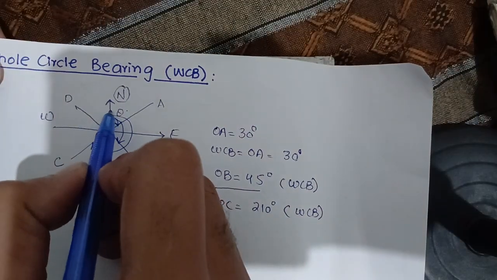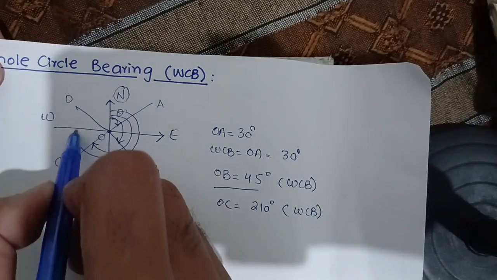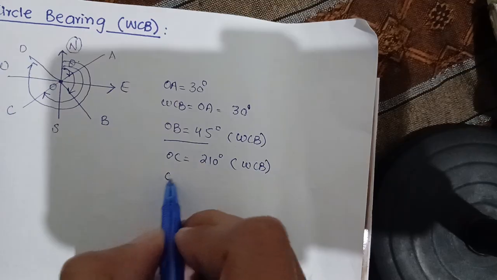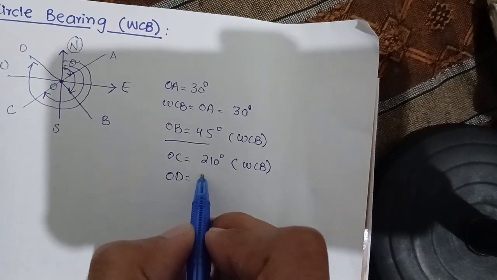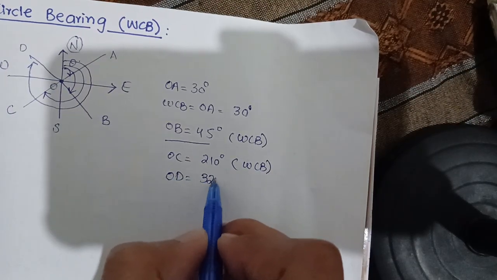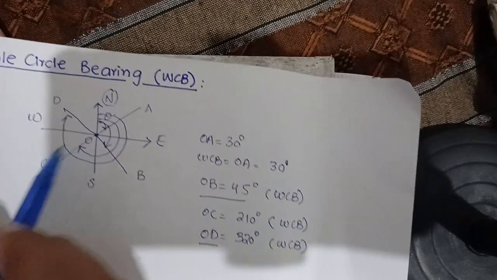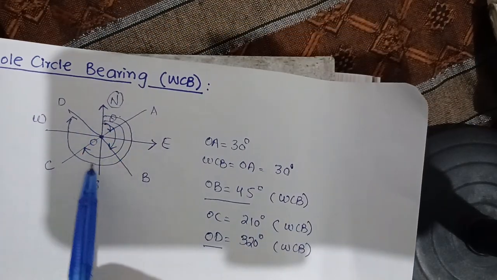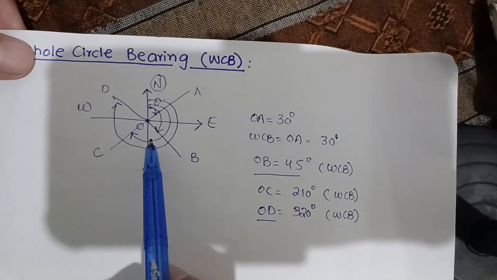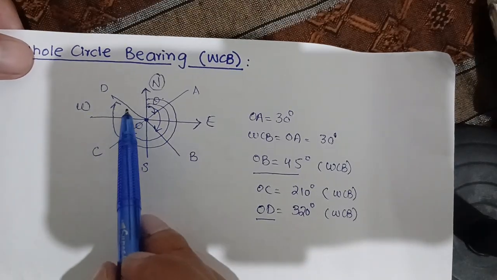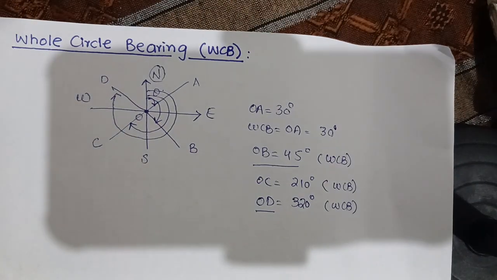Similarly, if we want to measure the angle from O to D, for example equal to 320 degree, this is the whole circle bearing of this line OD. So measuring the angles in clockwise direction with respect to north pole is called whole circle bearing.